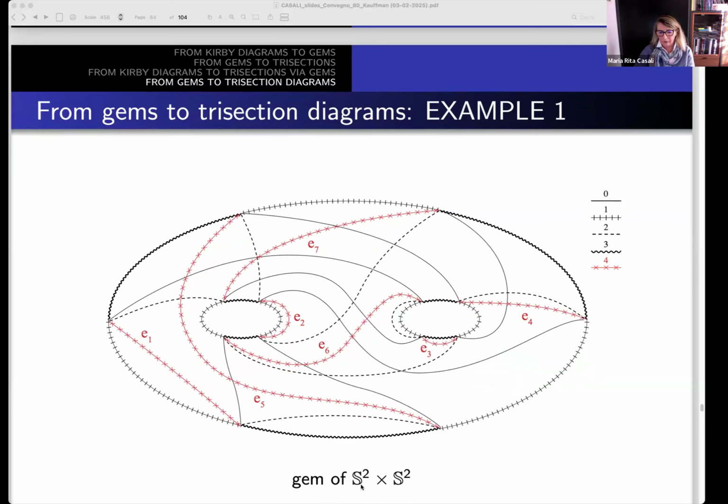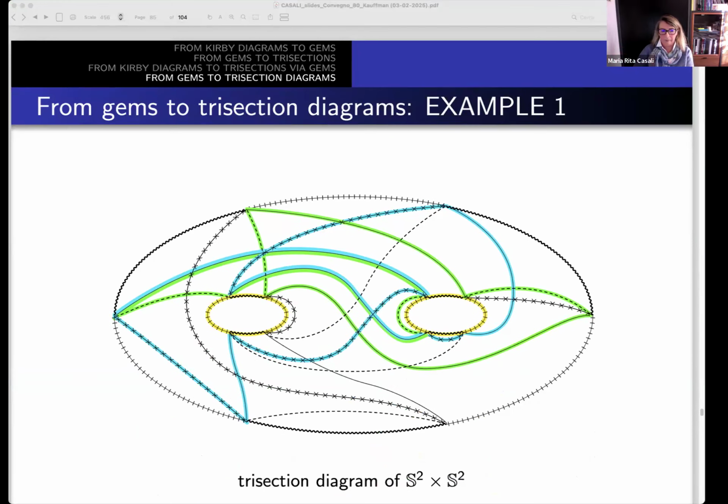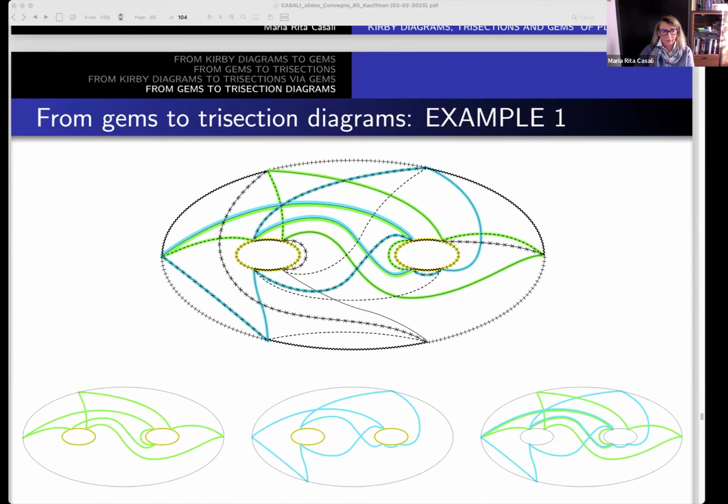product S2 cross S2, which admits the depicted ordering of 4-colored edges, realizing the collapsing sequence via suitable bicolor cycles. As a consequence, this trisection diagram can be obtained with the 3 systems of curves on the central surface, which is genus 2, which in pairs give rise to Heegaard diagrams of the boundaries of the 4-dimensional pieces.